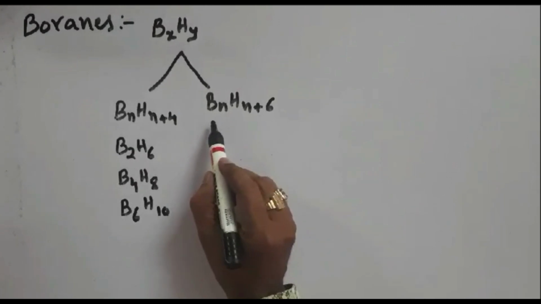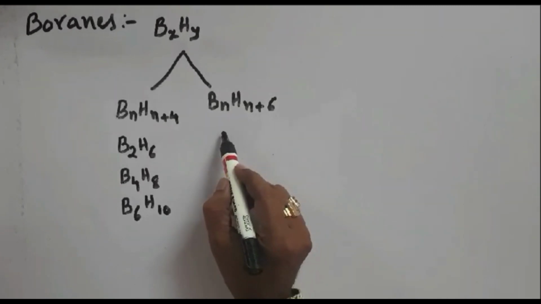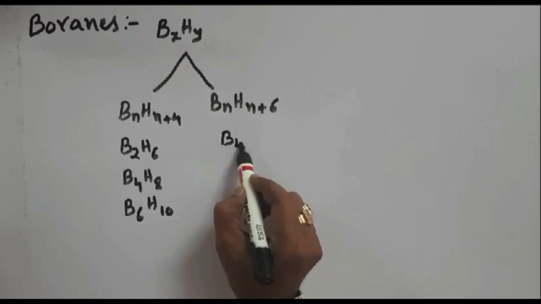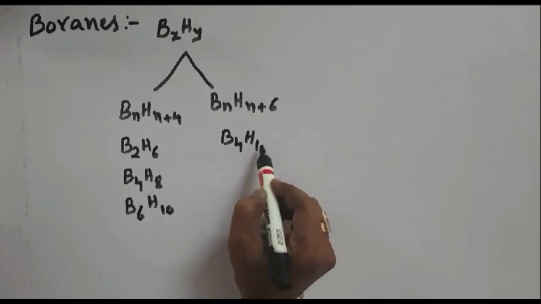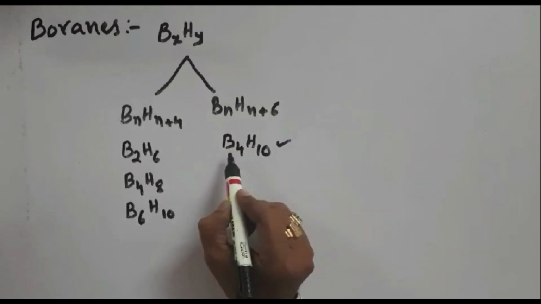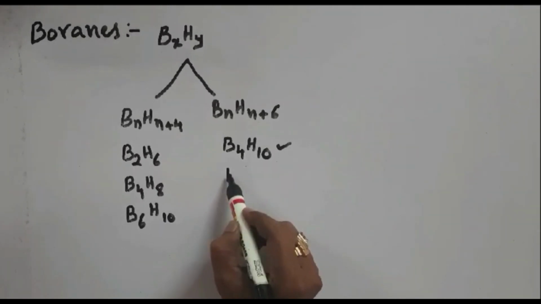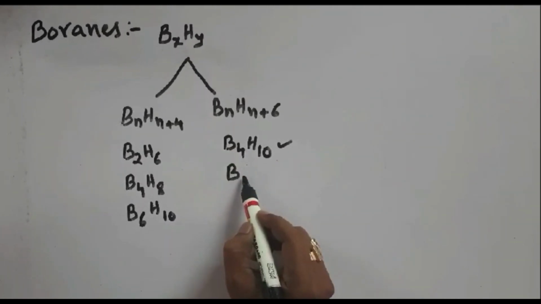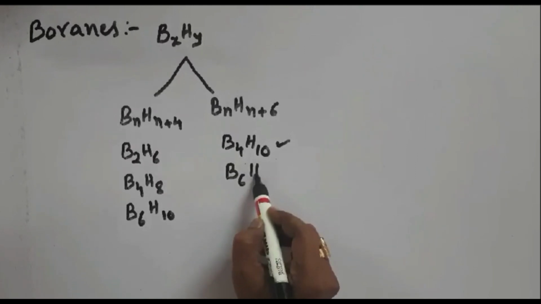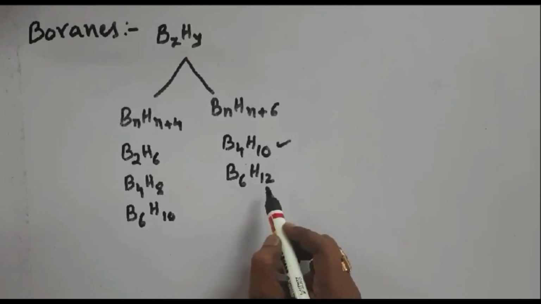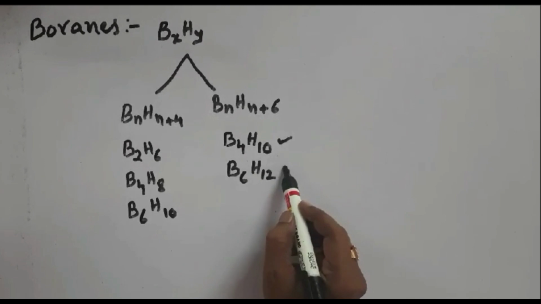Now the examples for the other category include B4H10. The name of this borane is tetraborane 10. If I put n is equal to 6 in the above formula, then I am going to get B6H12. This is hexaborane 12.